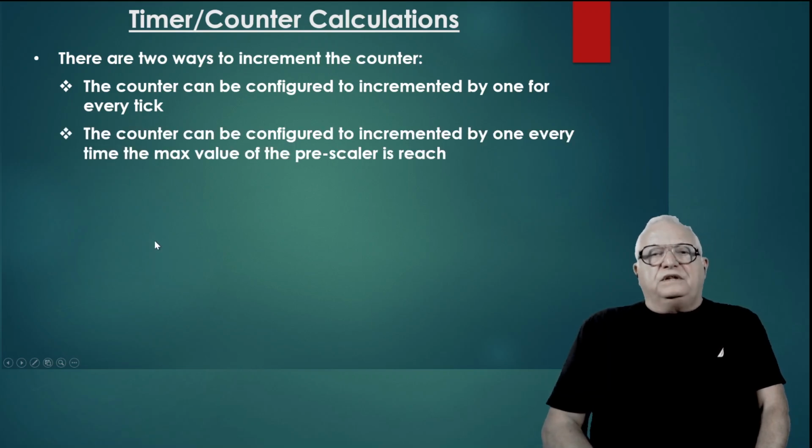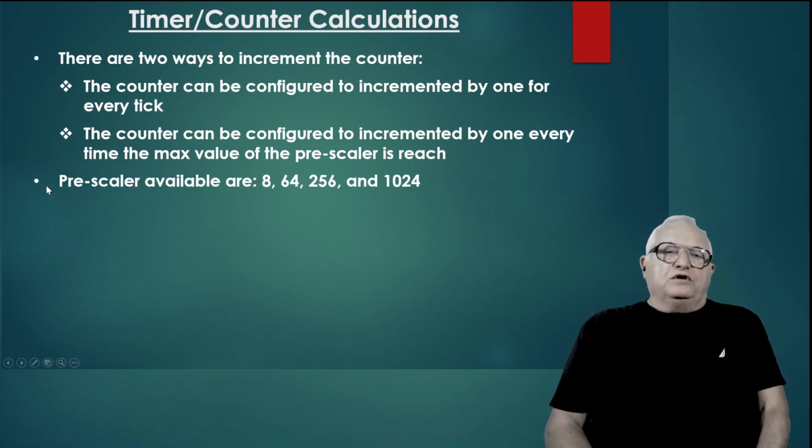Another way, it can be configured to increment by 1 every time the max value of the prescaler is reached. Now we also have to know that the available prescalers are 8, 64, 256, and 1024. So in the case of 256, every time we reach 256, then the counter would be increased by 1.